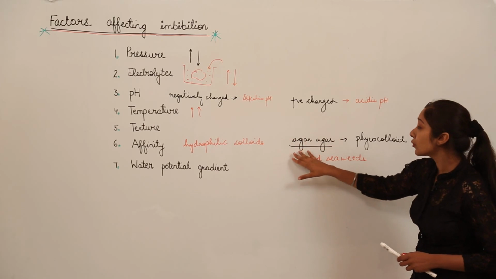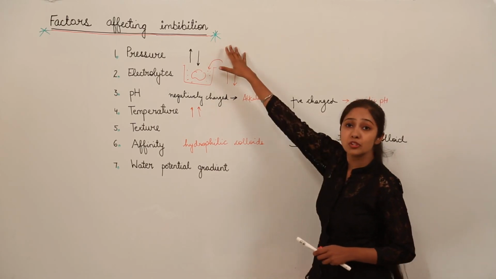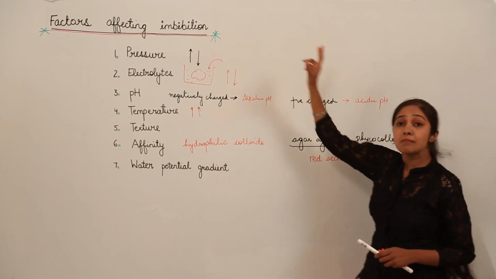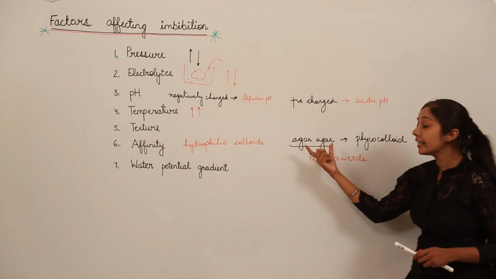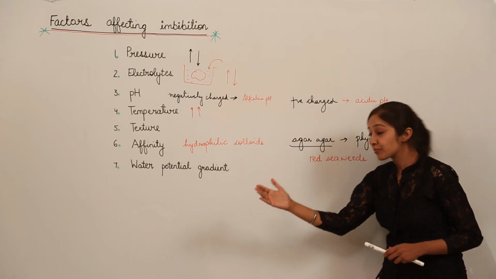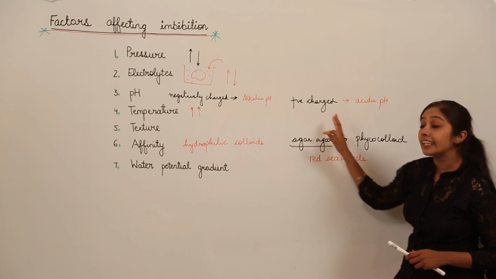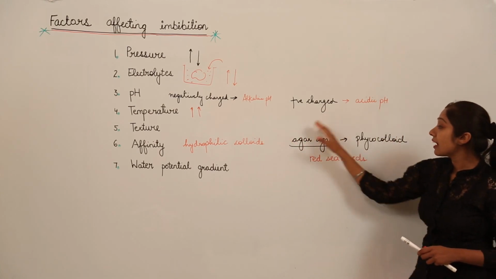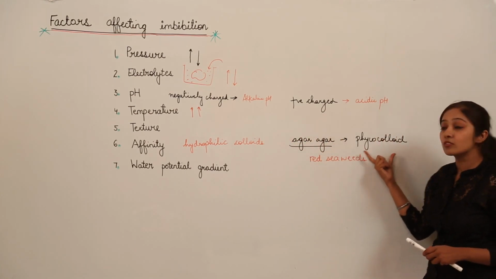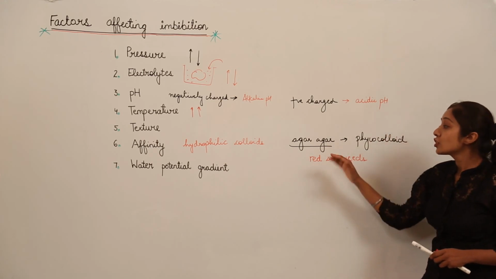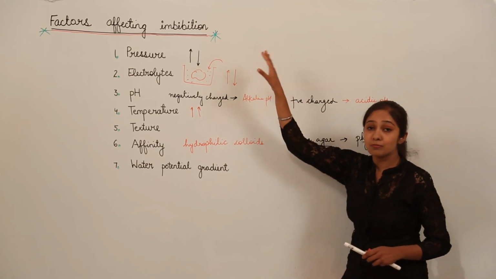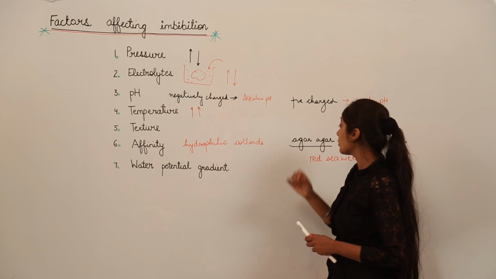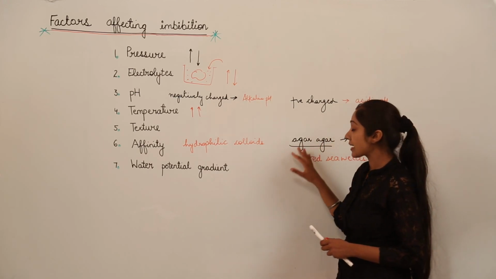Because it shows imbibition, and the rate of imbibition shown by agar-agar is much higher. Why this is higher, I will tell you later. But remember, this agar-agar, a phycocolloid extracted from red seaweeds, shows maximum imbibition potential, so it is going to absorb water to the maximum limit.